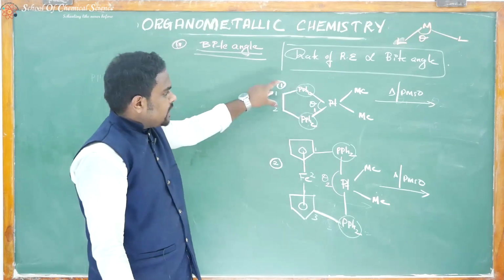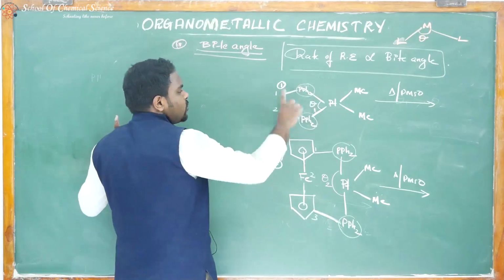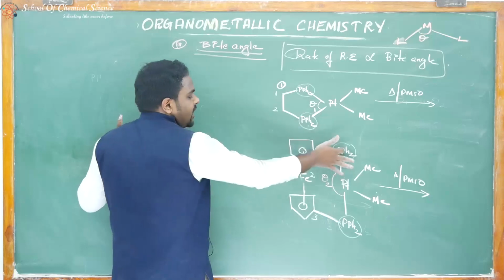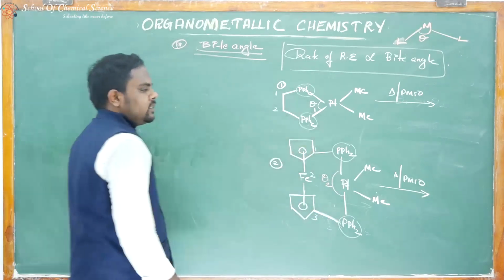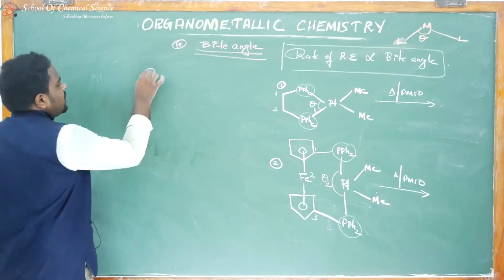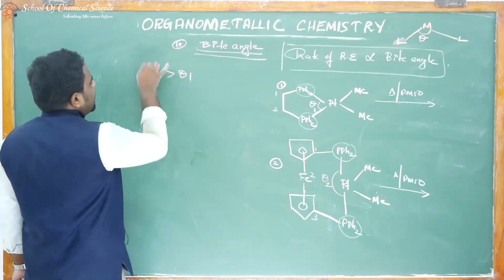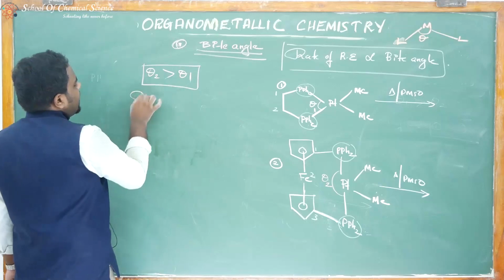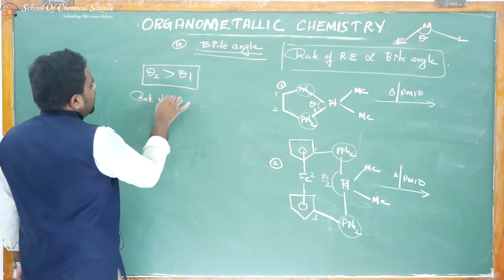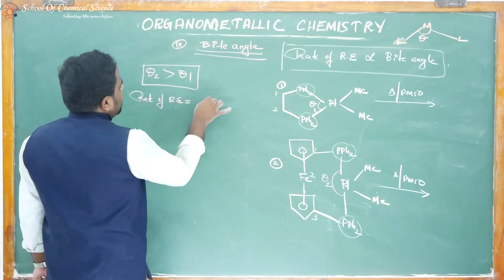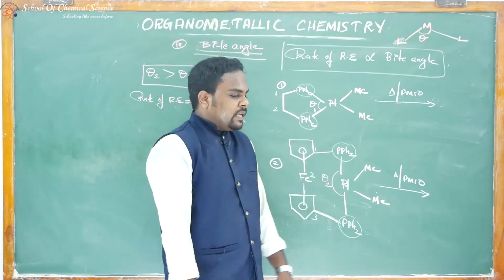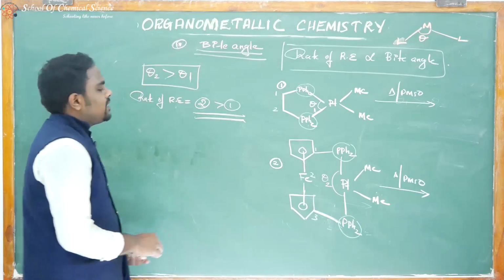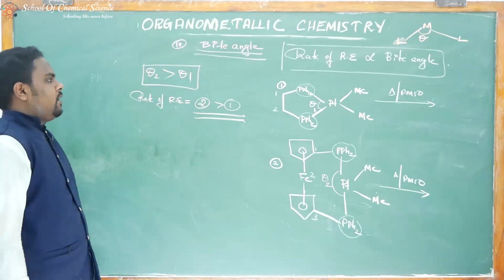Suppose these two PPh2 are separated by 2 atoms, here they are separated by 5 atoms, definitely this angle will be larger. So in this case, theta 2 is greater than theta 1. So you can say that the rate of reductive elimination in 2 is greater than 1. That's the concept of bite angle.